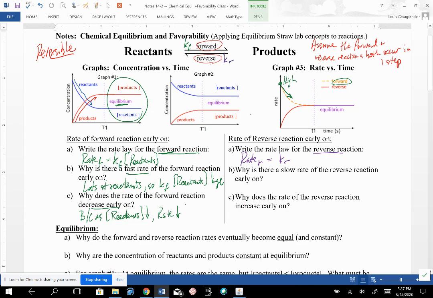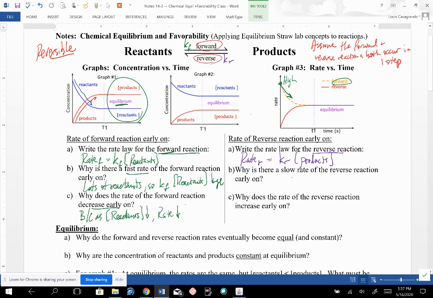K sub R up on the reaction up above for the rate constant for the reverse reaction times the concentration now of the products, which are technically the reactants in the reverse direction. We're going to find that as we get into this equilibrium, you can flip things around, making products reactants, reactants products. Everything is fair game at this point.